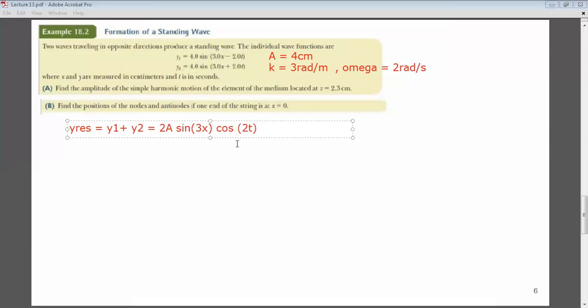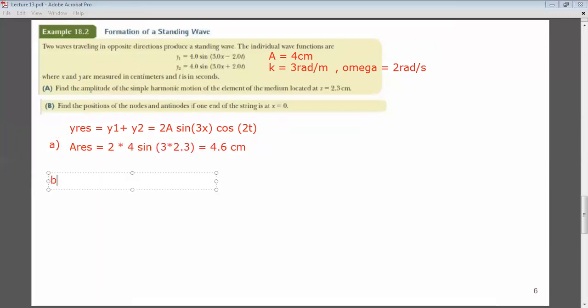The question is the amplitude, so A resultant is equal to 2A, which from here is 4. So 2 times 4 times sine of 3 times x, which they are telling me is 2.3. So this is equal to 8 sine 6.9. Just make sure that the calculator is in radians, and this will give 4.6 centimeters. Okay, this is part A.